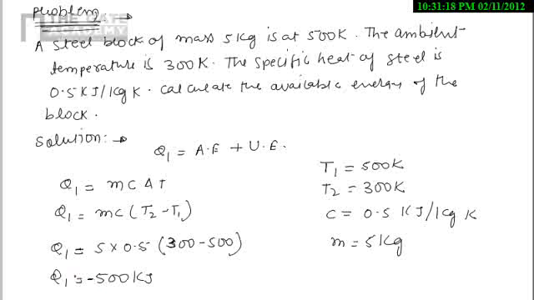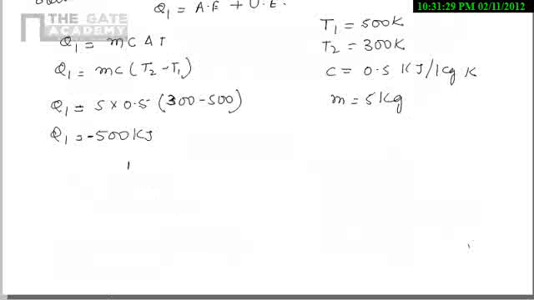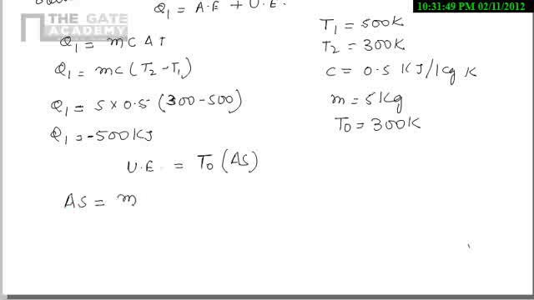Negative. But in that equation we are interested only in magnitude, so we will take 500 kilojoule. For unavailable energy, we have the formula T0 into delta S. For T naught, that is ambient, it is given as 300 Kelvin. For delta S, we can calculate with the help of this formula: mc ln T2 by T1.